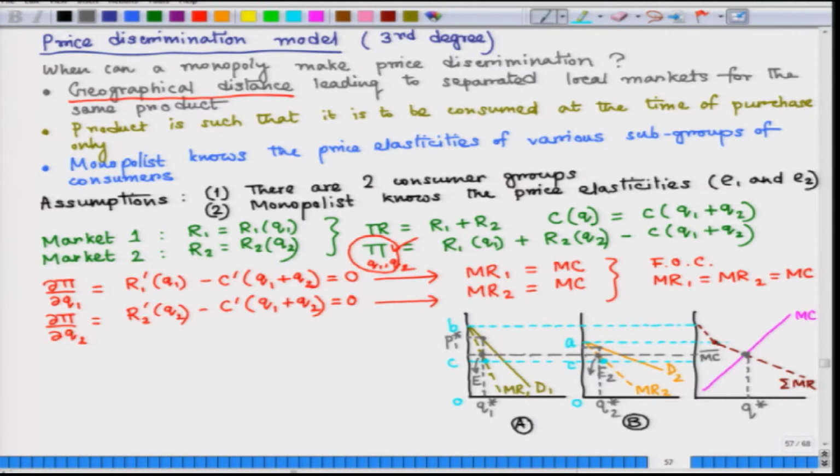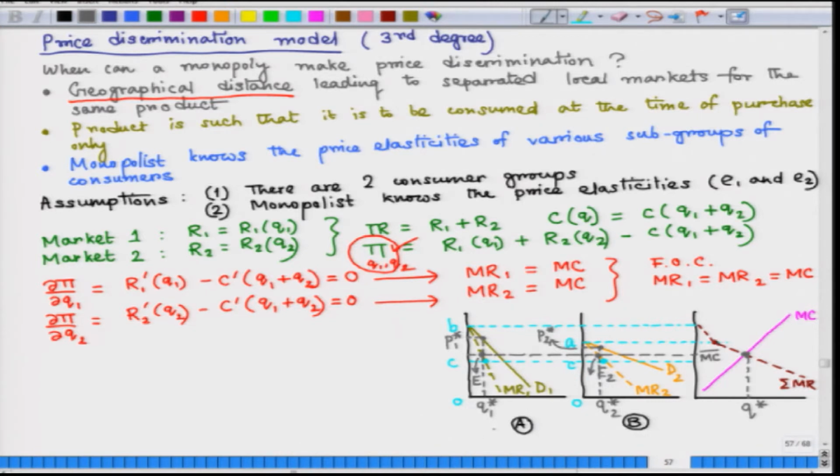So, from this point on the demand function we can see that price, and the monopolist exactly charges that price. So, here we get a different market price, P2 star. So, here you can see that there is a difference between P1 star and P2 star.